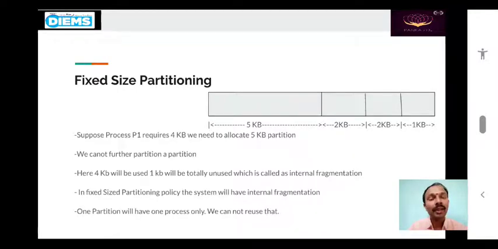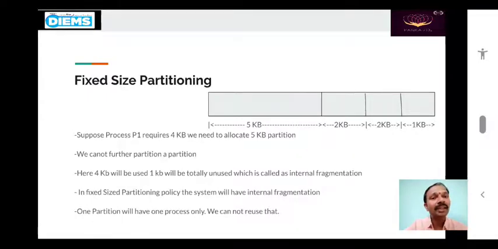Not like that. The partitions that I make have a size that will not change, will not become less or get increased. This is known as fixed size partitioning. So let us say, for example, this is 10 KB, and we have made partitions of different sizes over here.